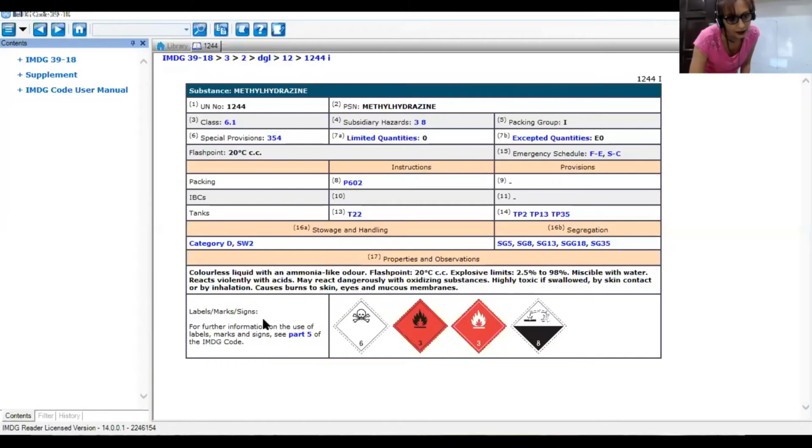There you go, it's methyl hydrazine. So assuming we had a substance such as this that needed to be shipped out, when we mark it, we indicate the UN number, UN 1244, and we indicate the PSN, which is methyl hydrazine.